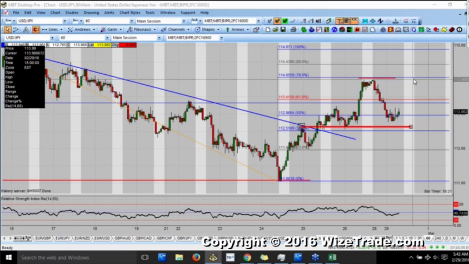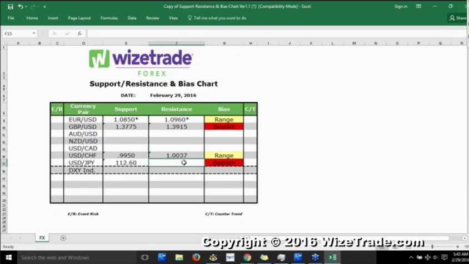I'm going to have to start shorting some yen pairs. I haven't done so already. I would consider it, but a lot of it depends on what equities are doing too. Okay, so 114, I think, is going to be significant for today as far as resistance goes. 114, 114.05, somewhere in that neighborhood.